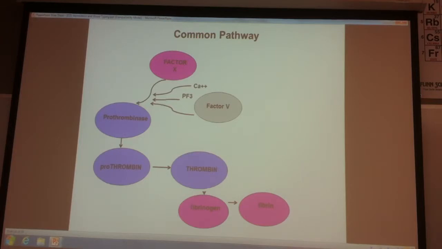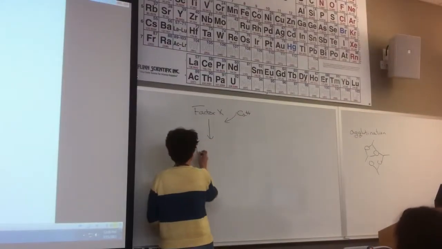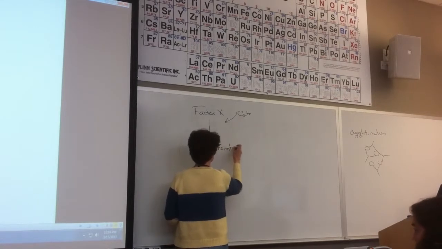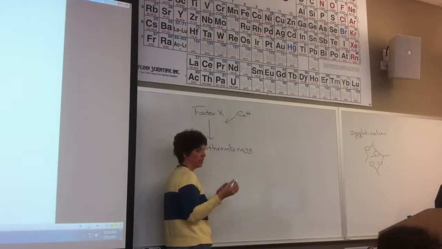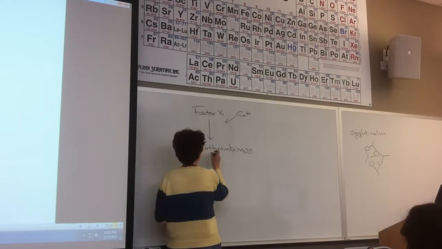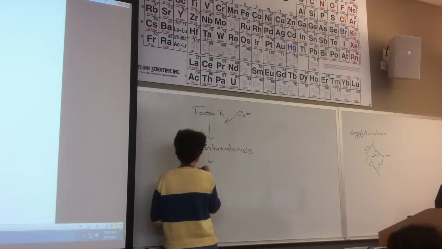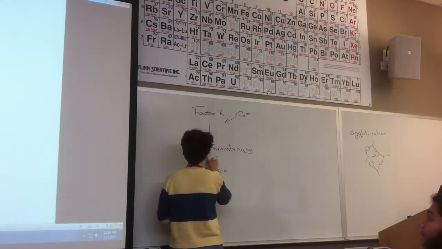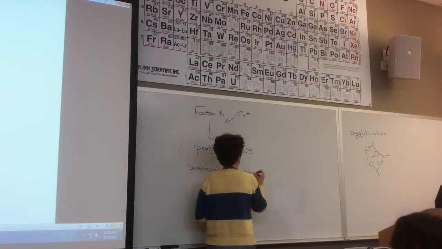Our platelet factors and factor 5 enhance this. But this is going to activate an enzyme known as prothrombinase, which is in its inactive form in the blood. And this enzyme converts prothrombin to thrombin.